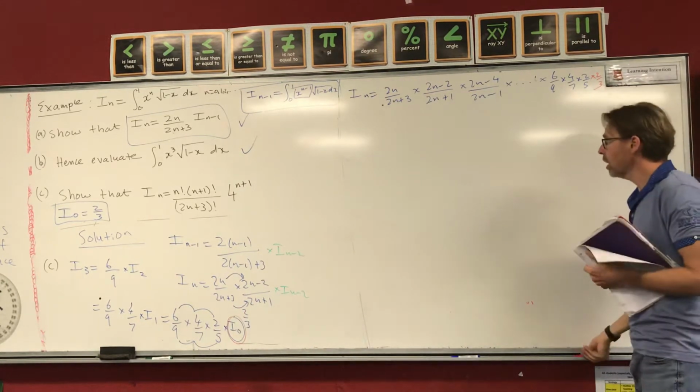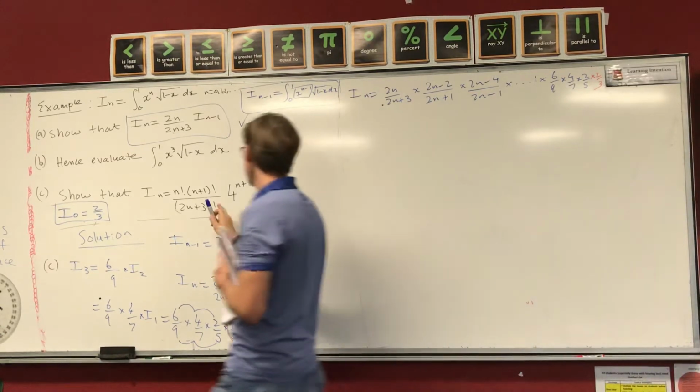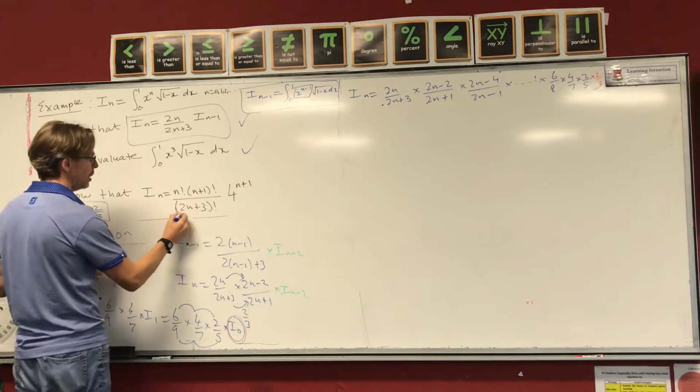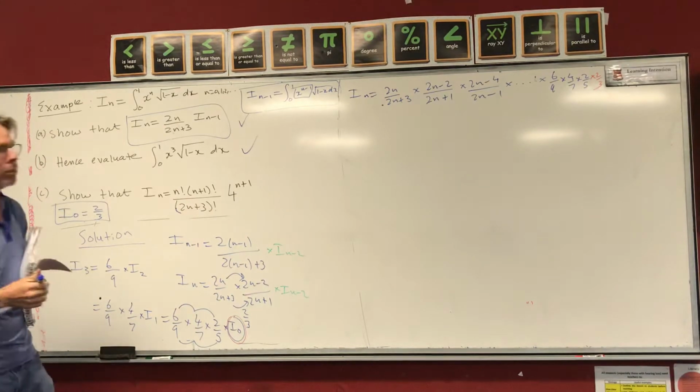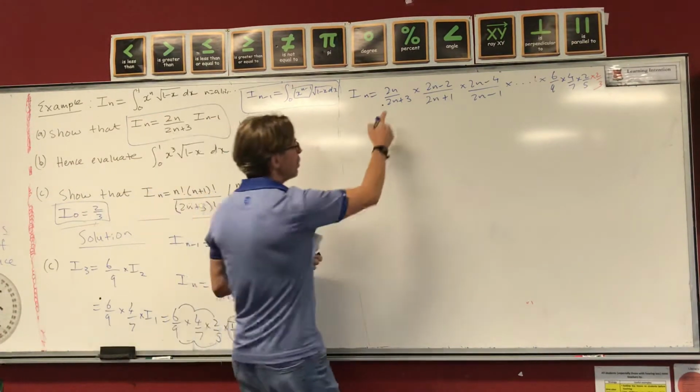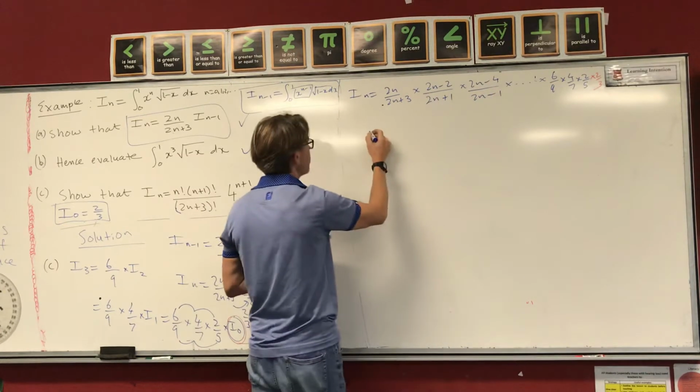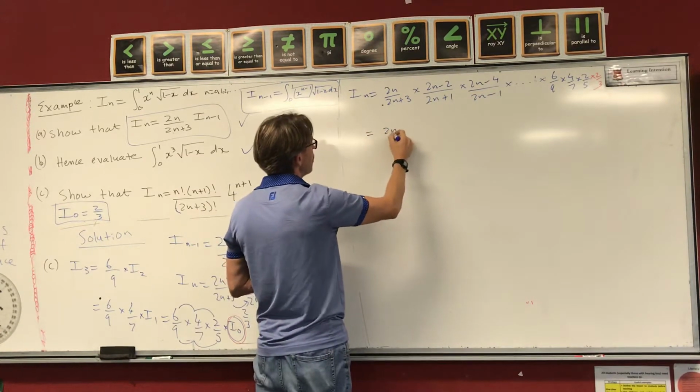Now, we're trying to get some factorials in there, aren't we? So we're going to have to look at how we're going to do that. We can do something with the top line here, for starters.